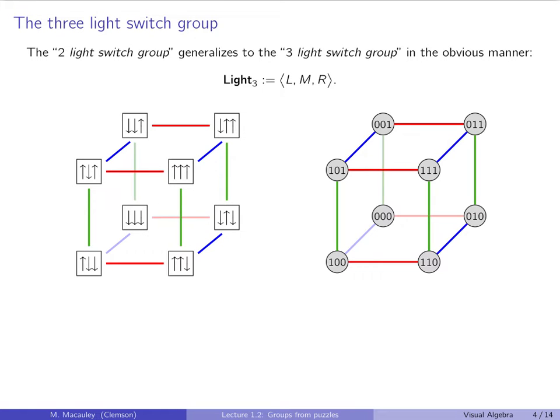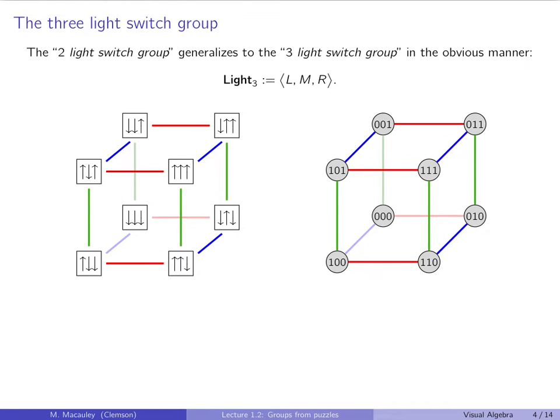Like I did before, I'm going to denote these up and down arrows with binary strings and mention that you can think of this group as just the result of adding the corresponding binary strings modulo 2. In other words, here's the home state. Following the blue arrow means adding 1, 0, 0. Following the red arrow means adding 0, 1, 0. And following the green arrow means adding 0, 0, 1.